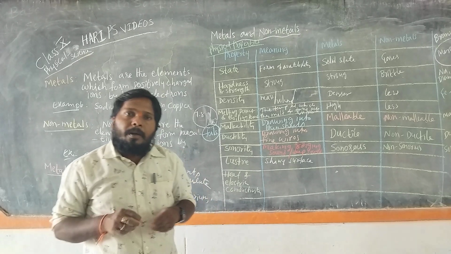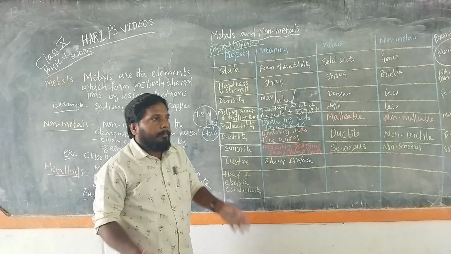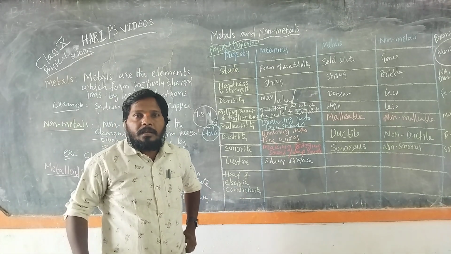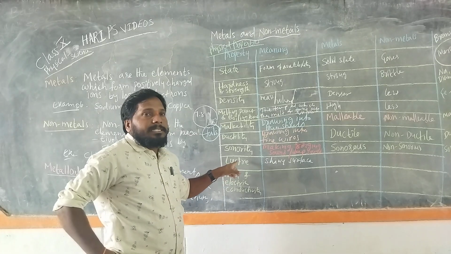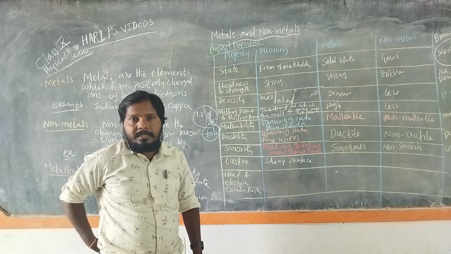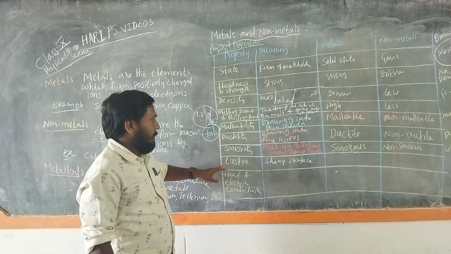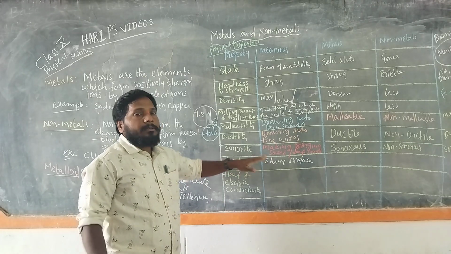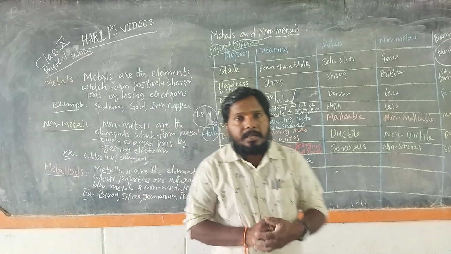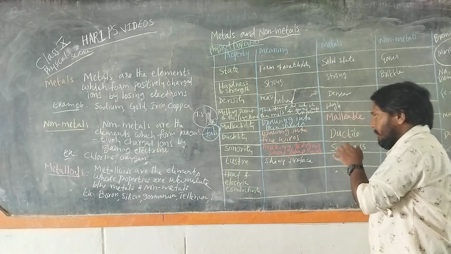The shining property of a material in science is called luster, meaning having a shiny surface.